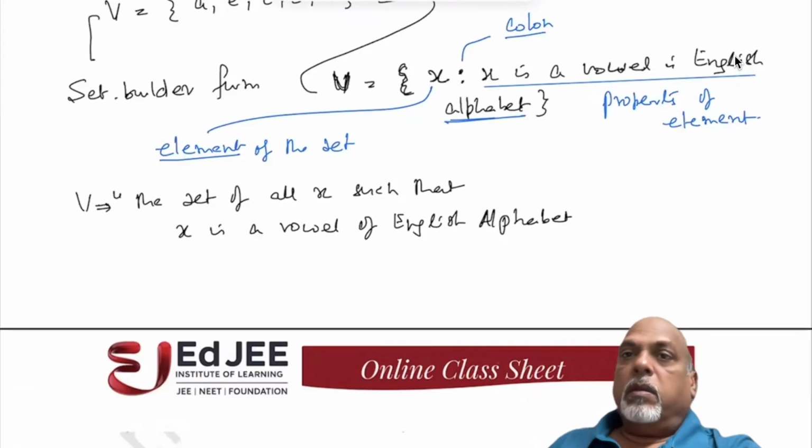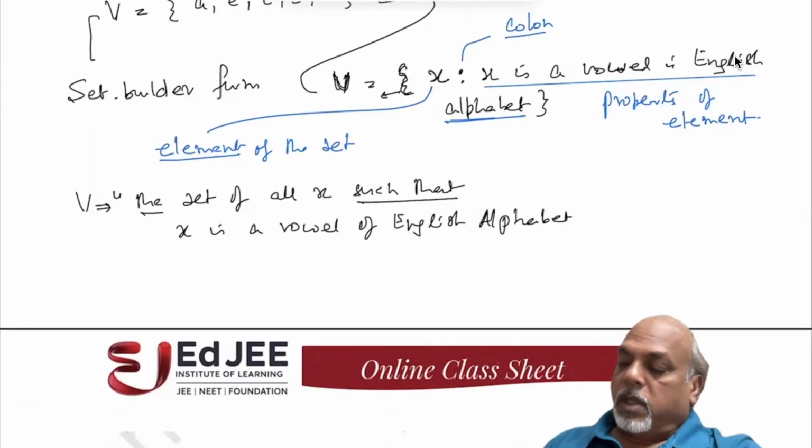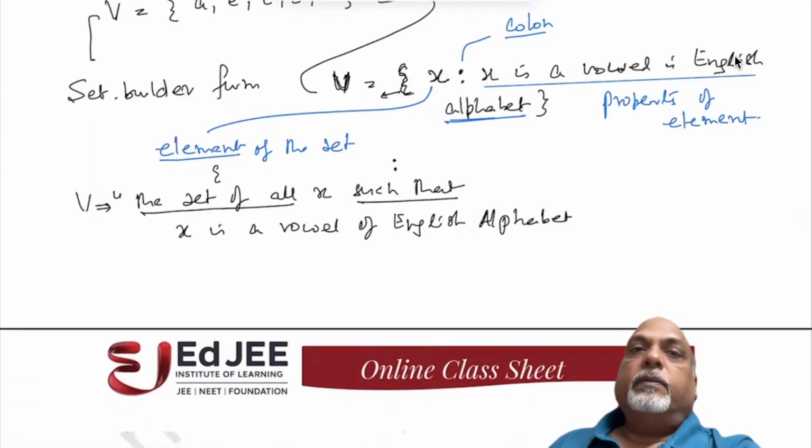Correct? These braces basically mean the set of all. Colon stands for such that. This is the set of all is braces, such that is colon. Correct?